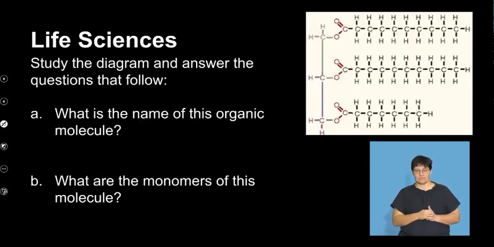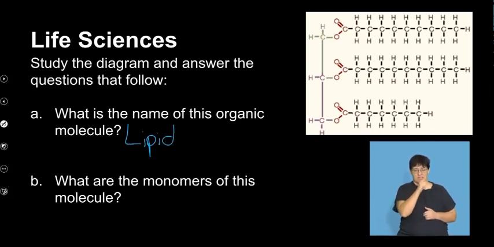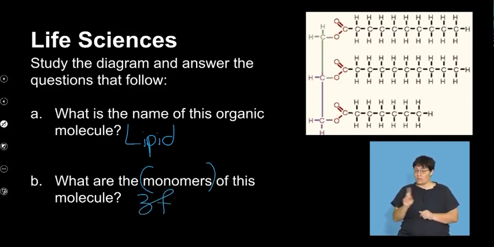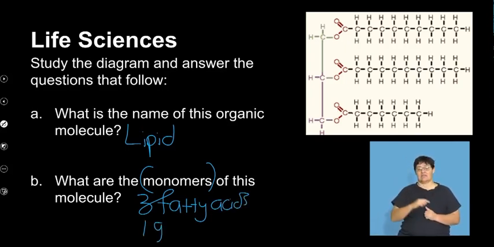So the question there: what is the name of this organic molecule? Guys, let's go for lipid, because that is the term that we use for a whole group. Probably your teacher might accept fats and oil, but that is okay. What are the monomers? Do you notice, the same question again, and that is going to be the 3 fatty acids. Remember the little pigs, and the 1 glycerol.